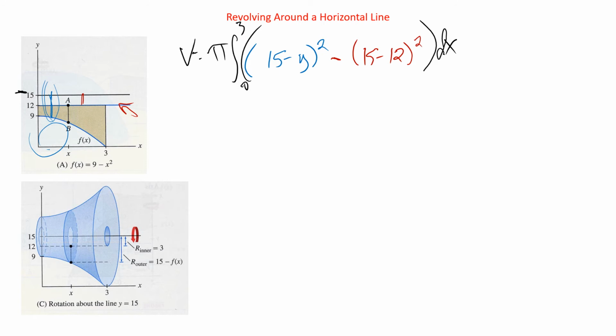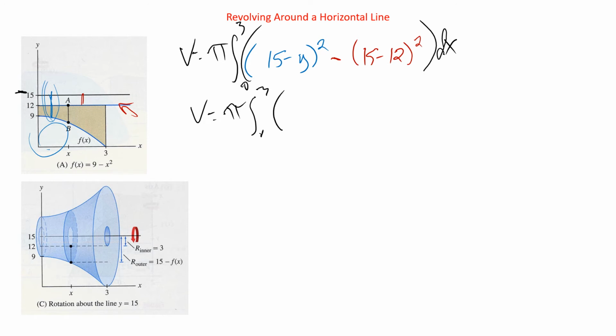So let's simplify this. Volume equals pi, integral from 0 to 3, of 15 minus y squared. We're going to want to square that out. I know, you just groaned. You can do this. It's just a polynomial. And remember, this is not 15 squared minus y squared. Don't be that guy.